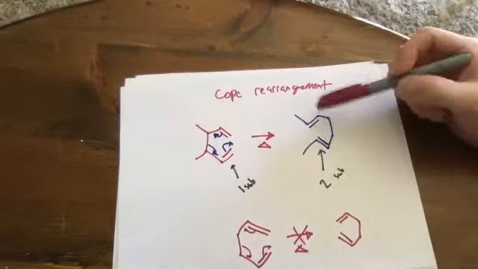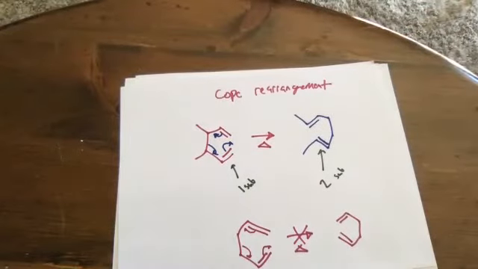It's driven by stability. The last one is the Claisen rearrangement, which is also driven by stability. It just involves an oxygen. This is our Claisen.